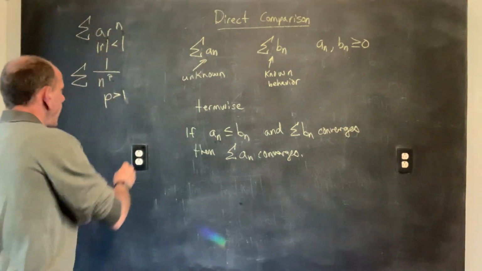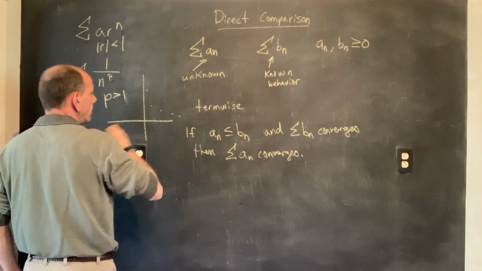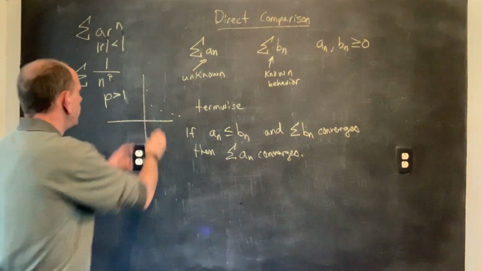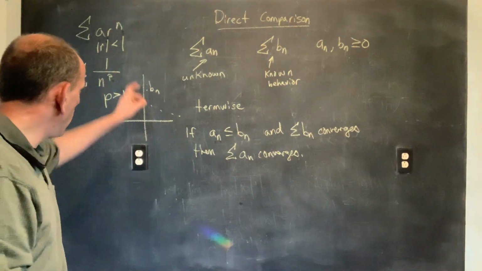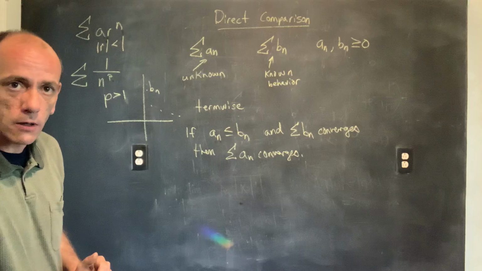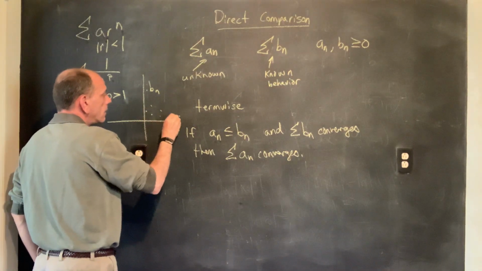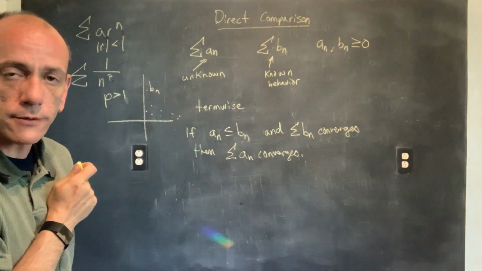Okay, in other words, I've got some sequence of terms. They've got to be going to 0, right? And I add them all up. This is my B sub n. I add them all up and I get a finite number. So I know that the series converges here. My A sub n, I know that term-wise, they're all less than my B sub n's.